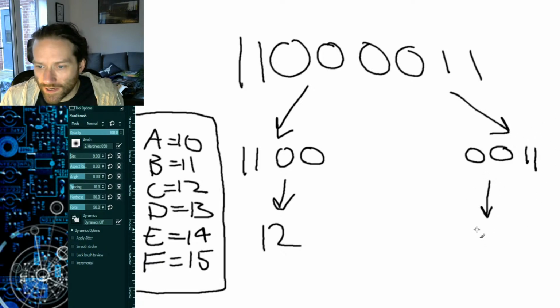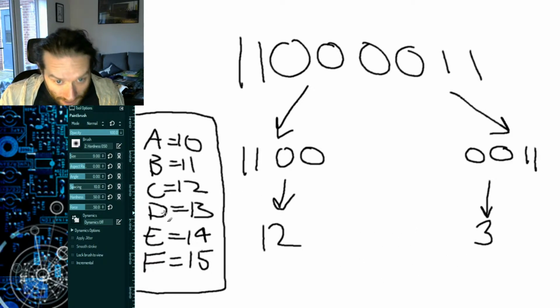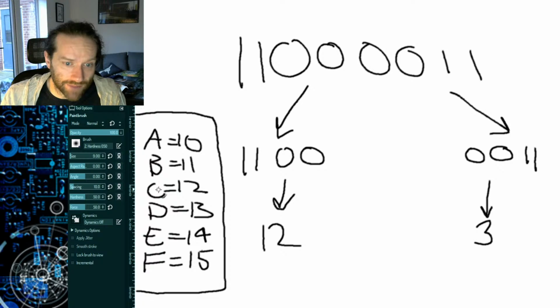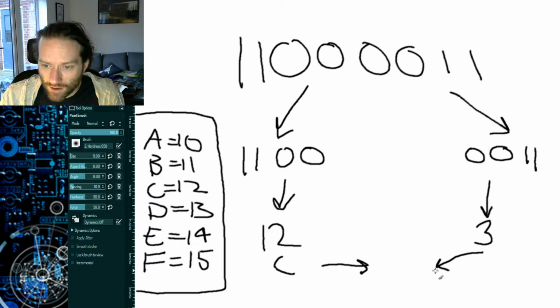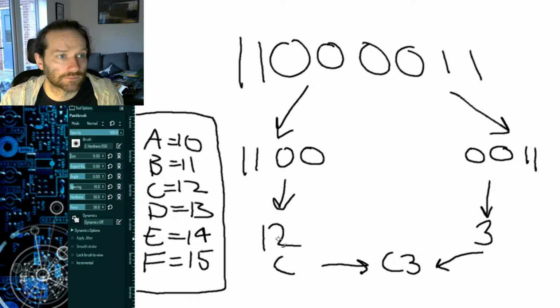Well, 2 plus 1 is 3. So we have 12 and 3. Looking on my little chart, I can see that 12 is C. Then all we do is join these together, so we end up with C3, and that is our final answer.